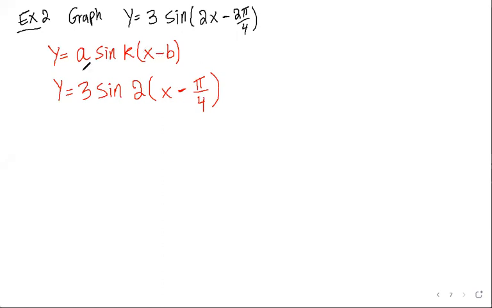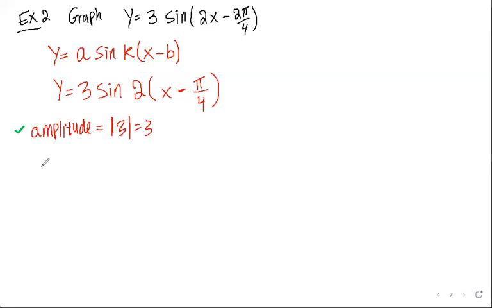So my k is 2, my a is 3, my b is pi over 4, and now we're ready for graphing. So what's the amplitude? The amplitude is the absolute value of 3. So it's 3.